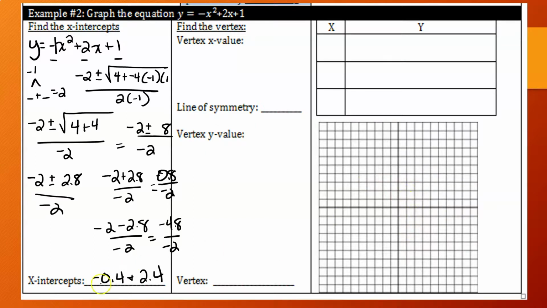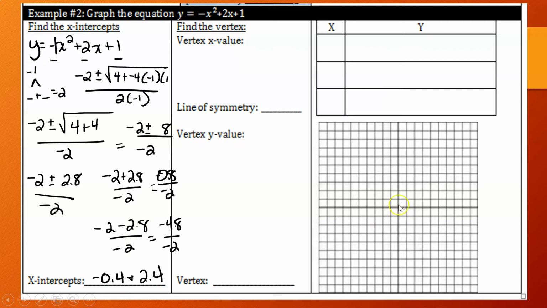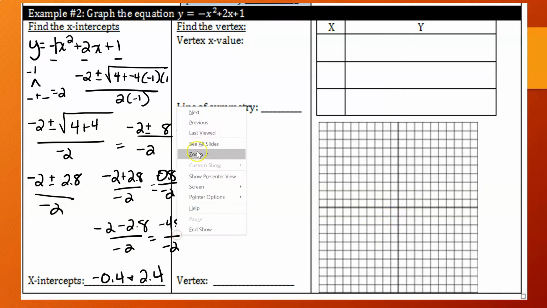In order to graph this, I'm going to estimate. 0.4 is like 40 cents. It's halfway in between 0 and 1, but in this case it has a negative, so it's about halfway in between 0 and -1.